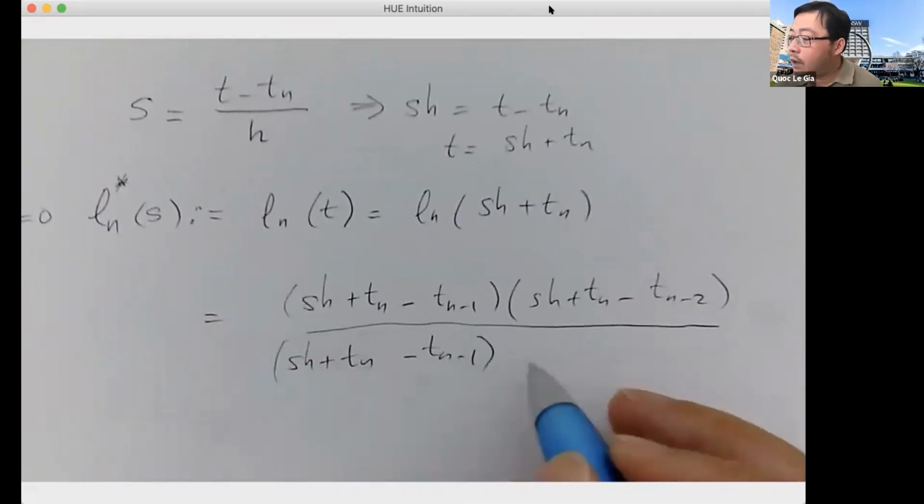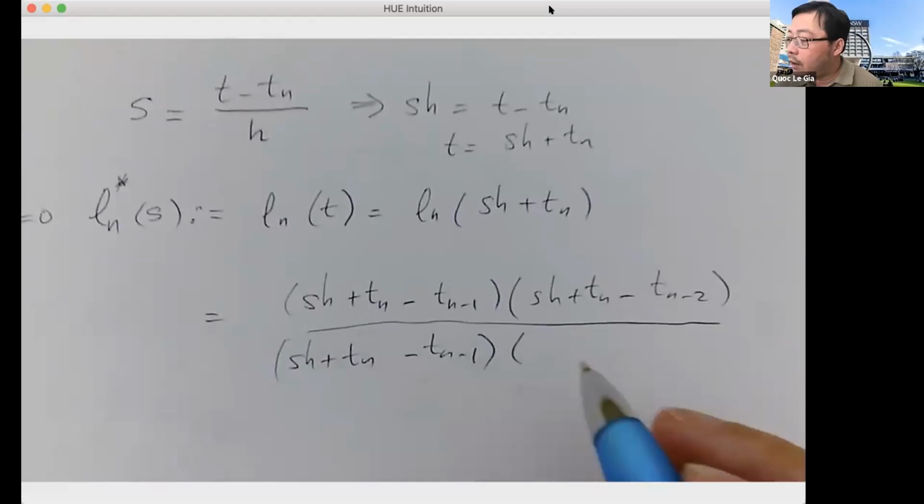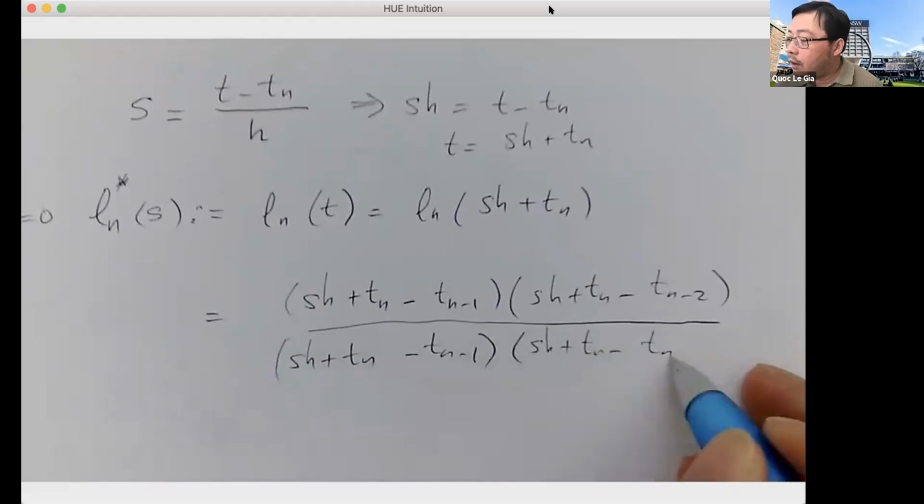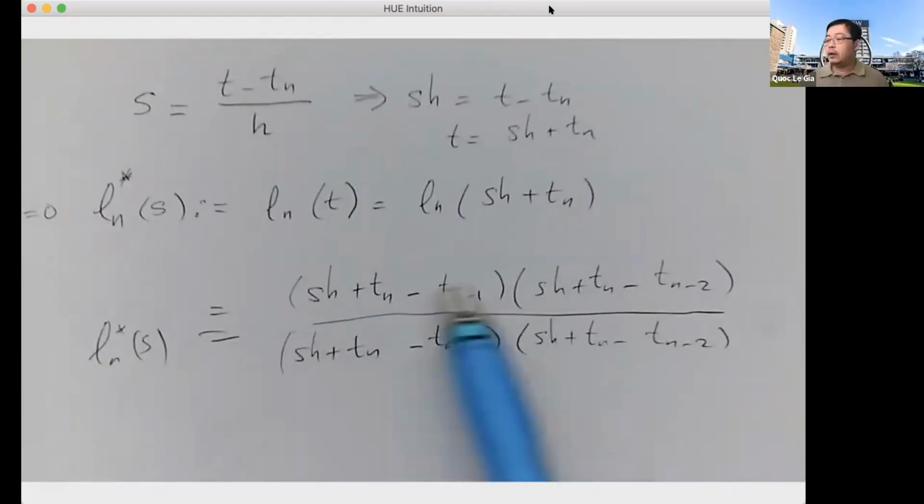So you see the last function is no longer a function of t, but a function of h. And then you can integrate. So now we have to worry about what the integral is. We will worry about it later, but essentially that is the idea.